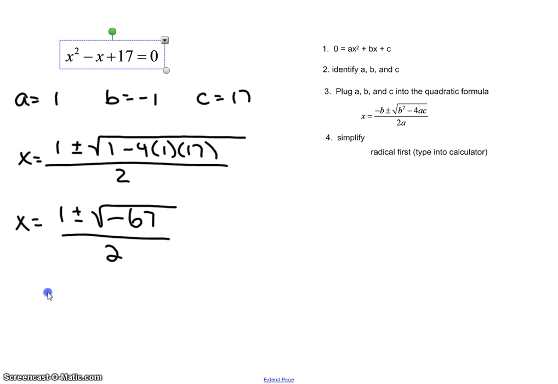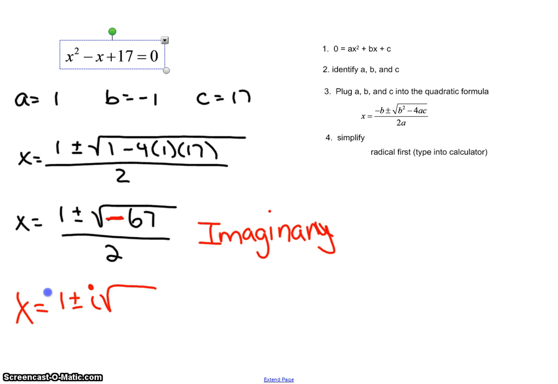So right away, because of the negative value in the radical, we know we're dealing with imaginary numbers. So what I have then again is simplify this radical. Remember, the negative comes out as an i. And then we should break the 67 down, which with our rules we can't, so there would be my solution.